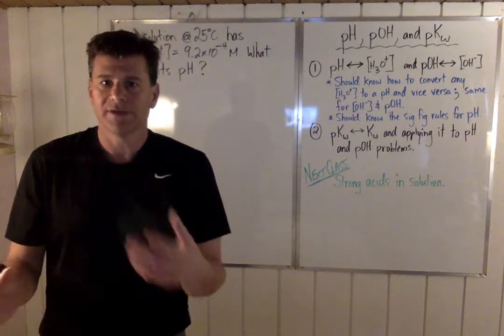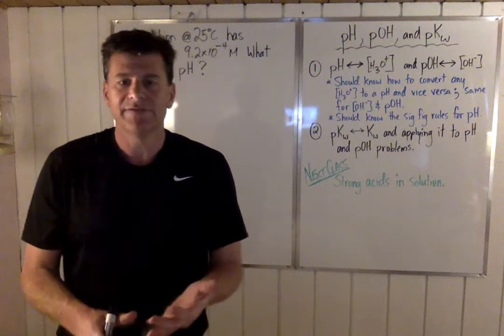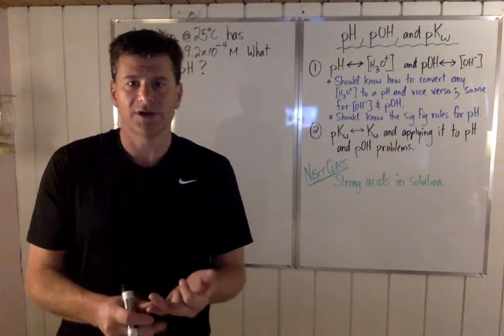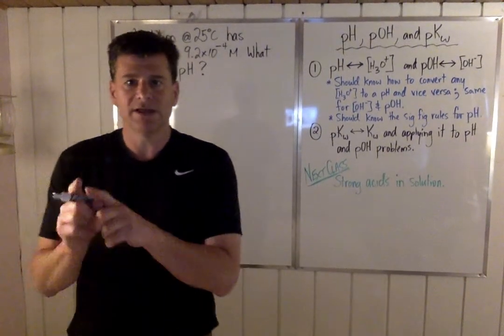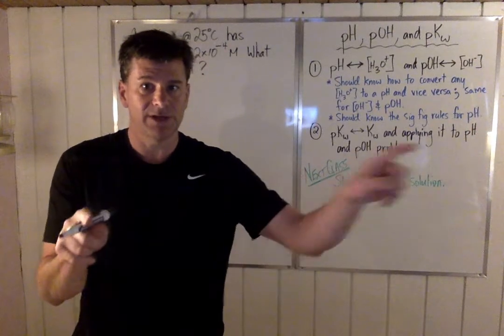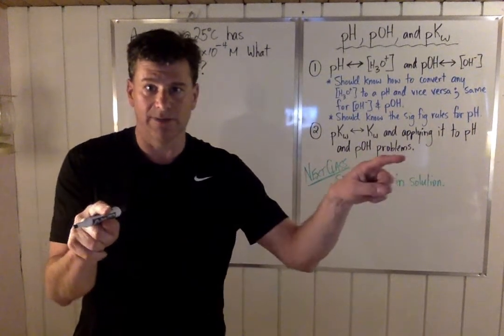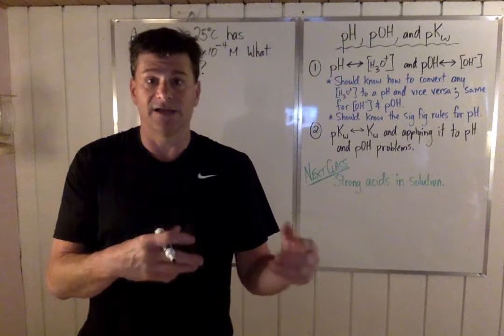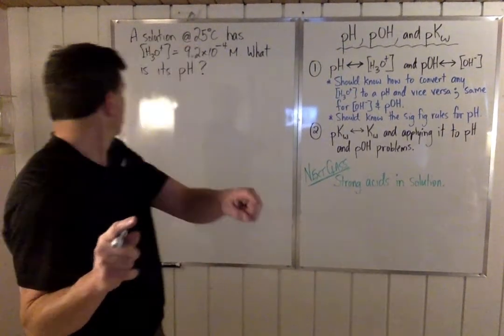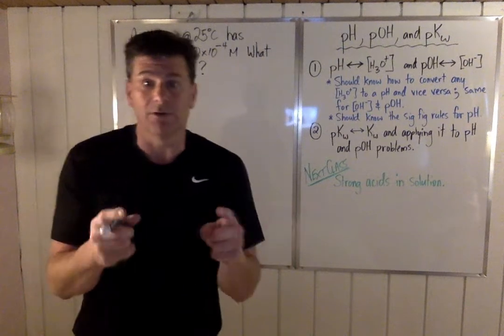There's a whole bunch of things that I could ask. I've given you hydronium, which means that if I give you the hydronium concentration, you can go directly from hydronium concentration to pH. That's going to be a direct connection using your little mathematical formula. pH is the negative log of the hydronium concentration. So that's one thing that you can do, which for this question, that's what we're going to do.